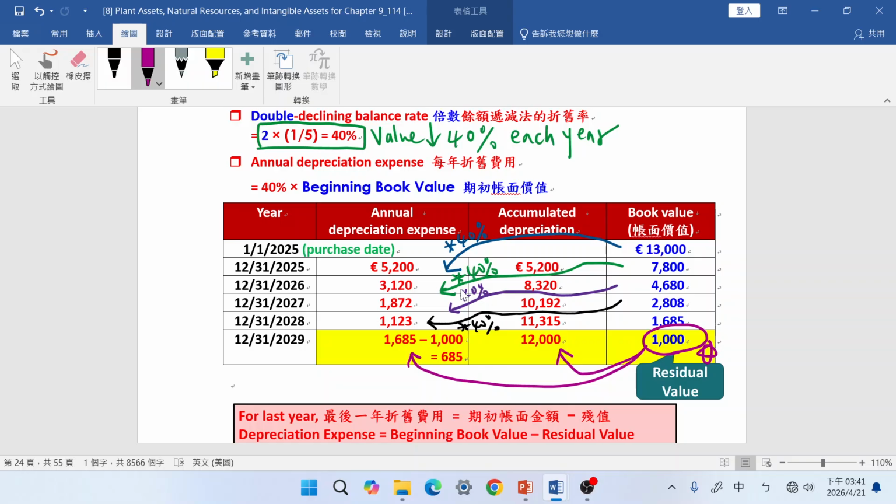So last year, be careful when you use the formula. When you use the formula beginning book value times 40%, you will not get the residual value on last year. So for this method, be careful. Last year will be different. Last year, you had to use residual value, then calculate backwards to your accumulated depreciation, to your depreciation expense, okay?